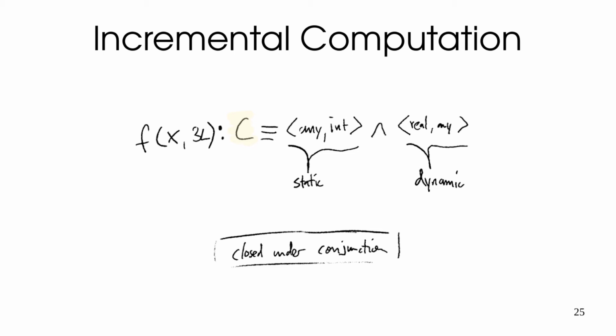Then dynamically we can check for the type of x, and in this case, let's say the check returns that x is bound to a real. In this case, we don't check for the second argument because we already know, so the dynamic contribution is real, any. We can take the conjunction and we will get a more precise current context, which is real, int, sorry.